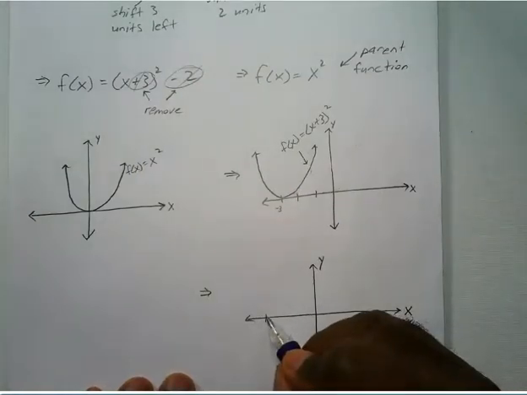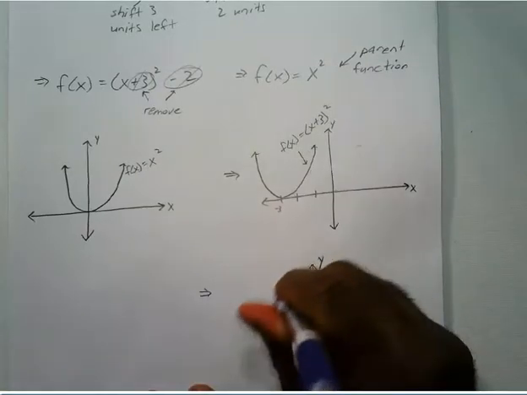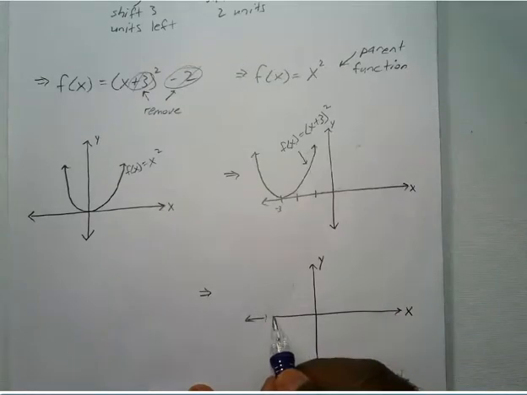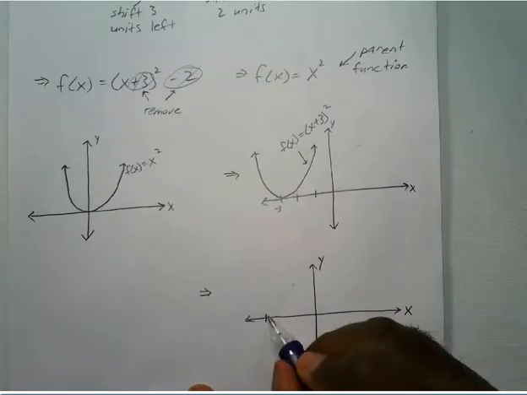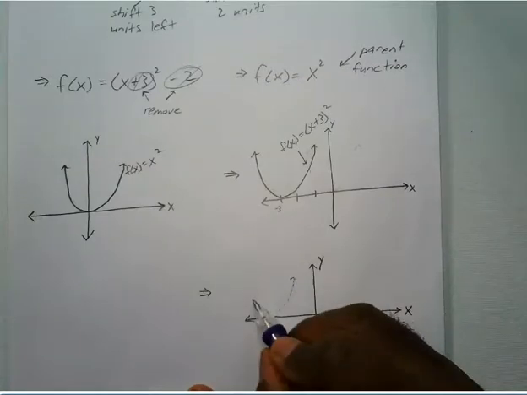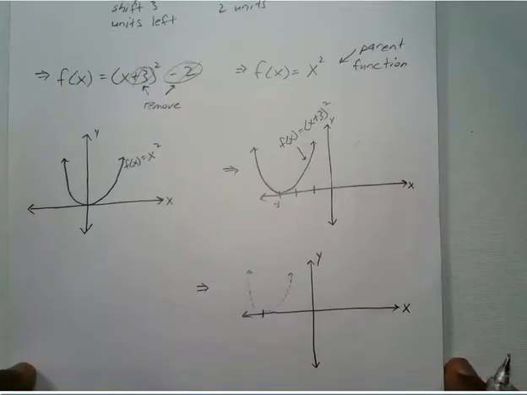I meant to draw that as a dotted graph. All right, so this is your f of x equals (x plus 3) squared.